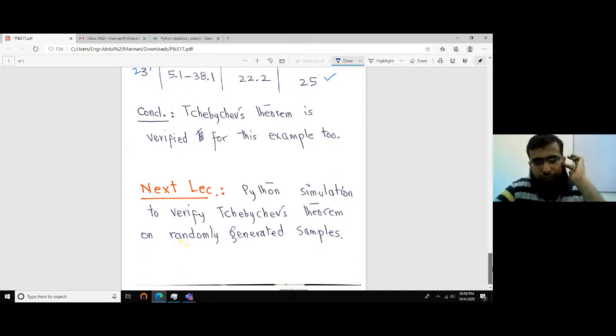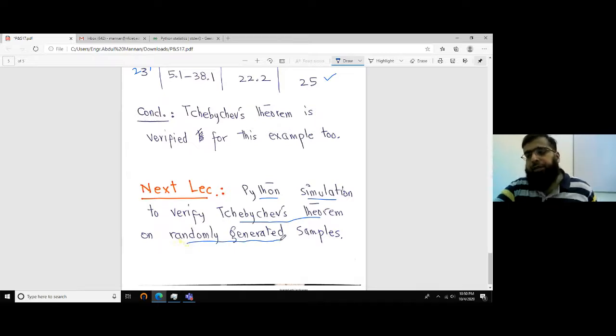So in the next lecture, we are going to do the same thing. We'll run a Python simulation to verify Chebychev's theorem. We will select a sample of randomly generated numbers. These numbers may be 10, 20, 30, or 100, depending on the user, and they will be randomly selected from a given range of integers.